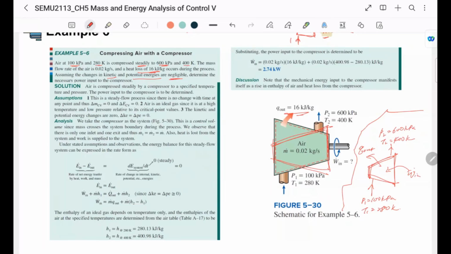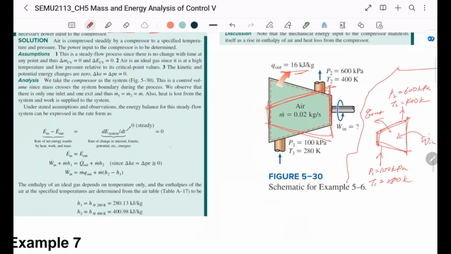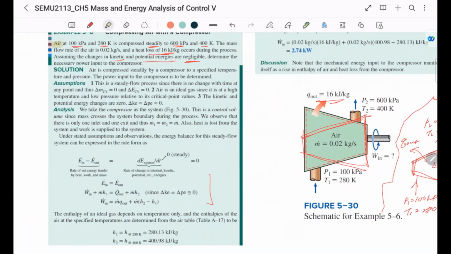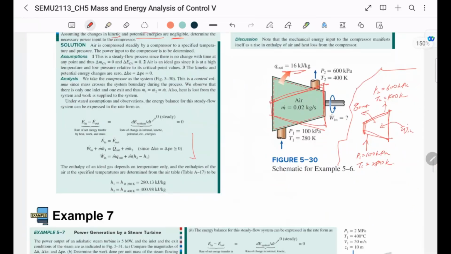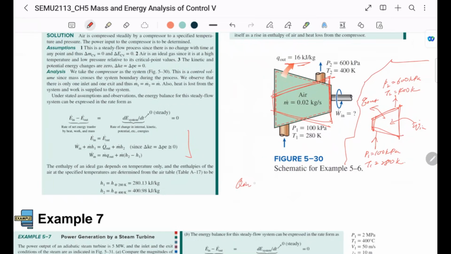So then the solution is, again, we can start by noting this is air, so therefore it's an ideal gas. Then our solution is really, again, Q in minus Q out, plus work in minus work out, plus E in minus E out, so all this equal to 0.